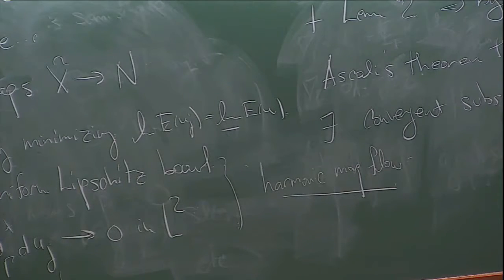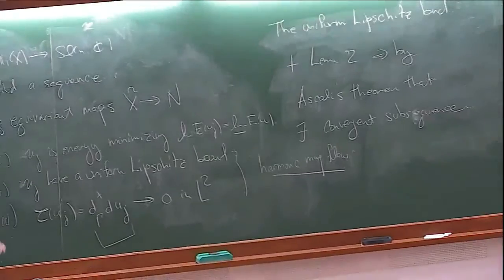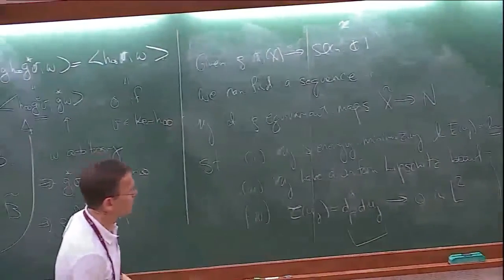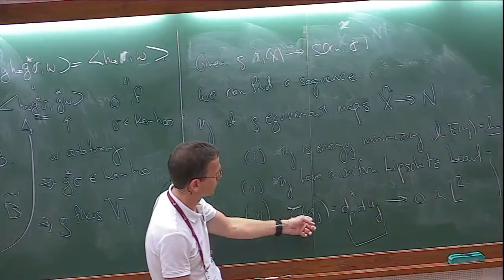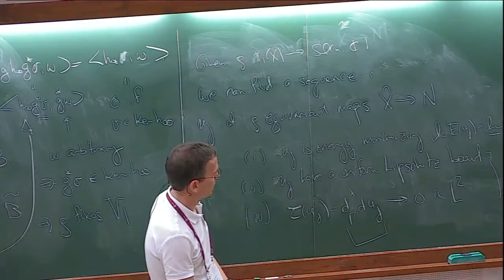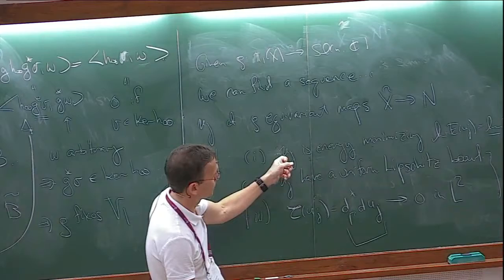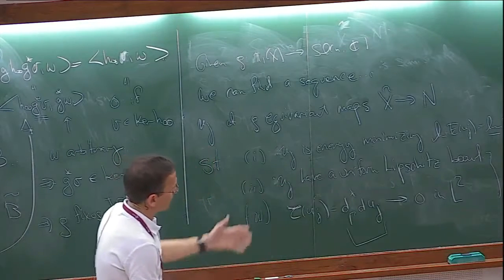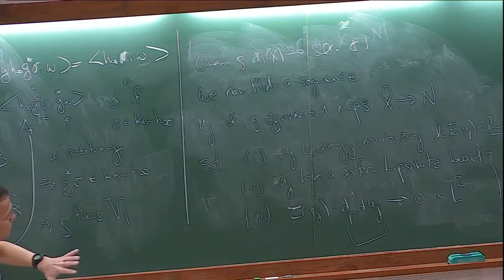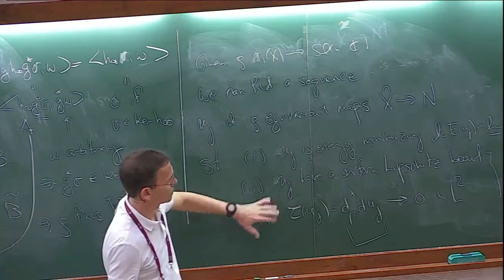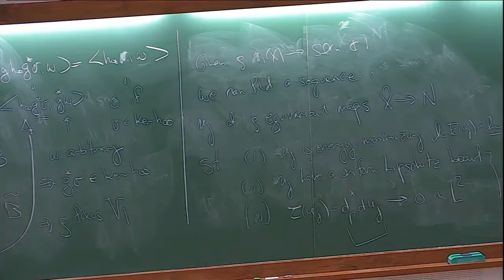On a compact manifold, this is how Eells and Sampson actually proved the existence of a harmonic map. And here I'm doing it slightly differently than the equivariant case. But in any case, you can satisfy these conditions by taking an arbitrary energy minimizing sequence and improving it a little bit by doing the flow for a certain amount of time. Okay, so I think that's about all I want to say about the structure of the sequence.